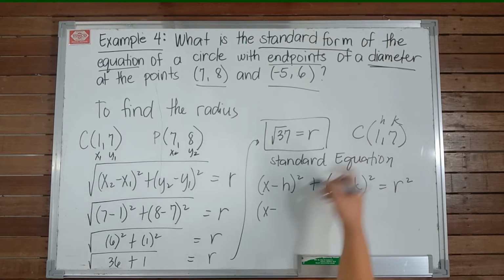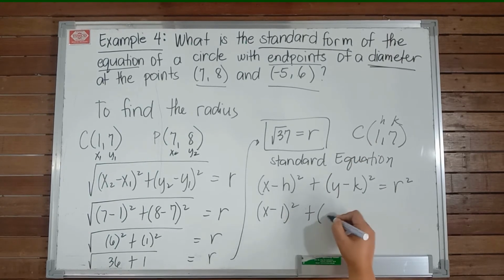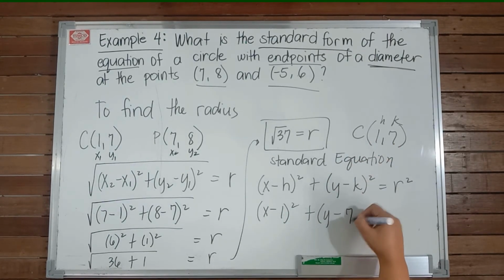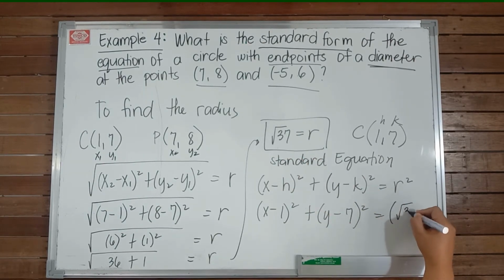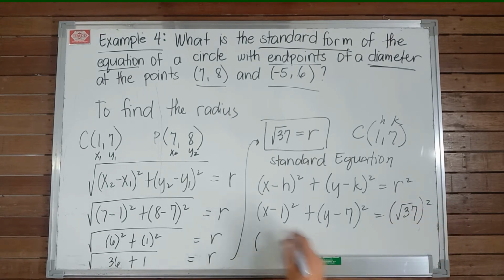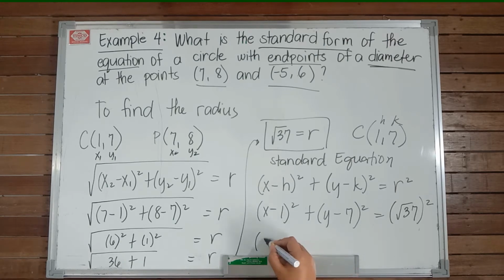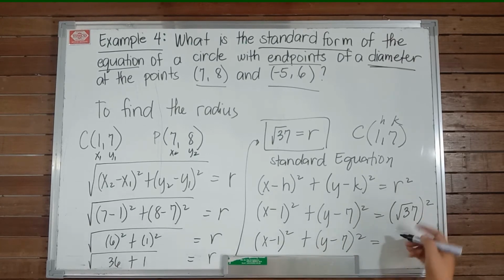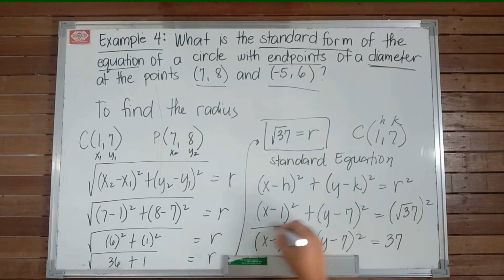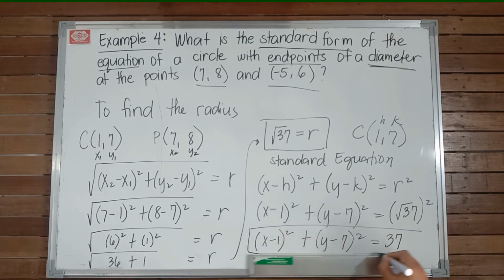So, x minus 1 squared plus y minus 7 squared equals the square root of 37 squared. So, just write x minus 1 squared plus y minus 7 squared equals the square of the square root of 37, which is 37. So, our standard equation is x minus 1 squared plus y minus 7 squared equals 37.